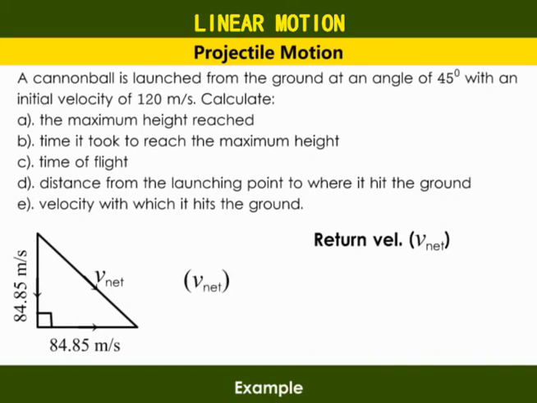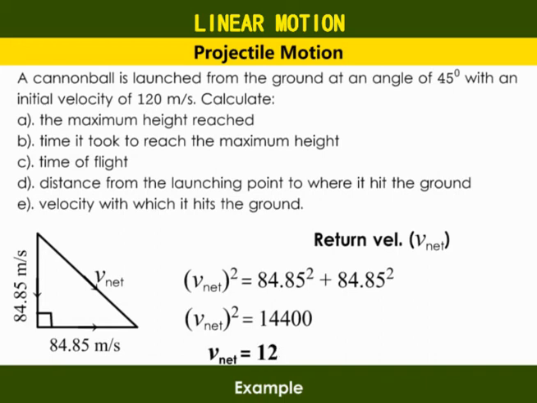Net velocity squared is equal to 84.85 squared plus 84.85 squared. Net velocity squared will be equal to 14,400. And when we find the square root on both sides, we get 120 meters per second. So it hits the ground with the same velocity it was launched.